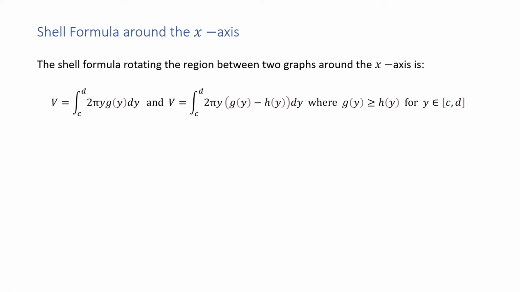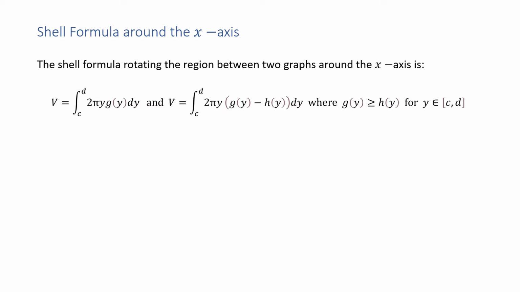The shell formula for rotating the region between two graphs around the x-axis is given as: the volume is equal to the integral from c to d of 2 pi y g of y dy, and the volume is equal to the integral from c to d of 2 pi y times g of y minus h of y dy, where g of y is greater than or equal to h of y for y an element of the closed interval from c to d.